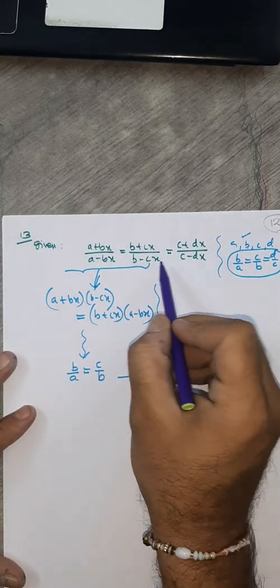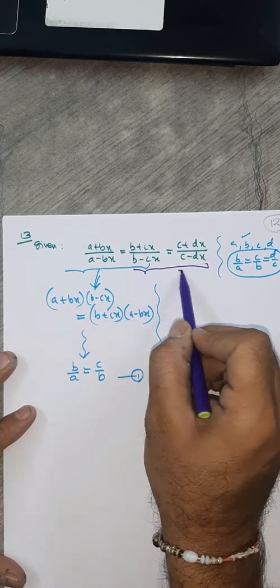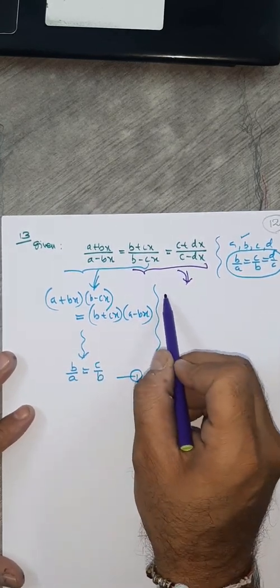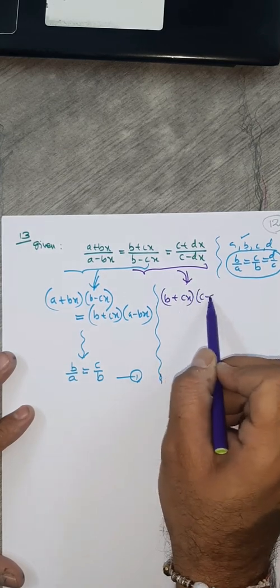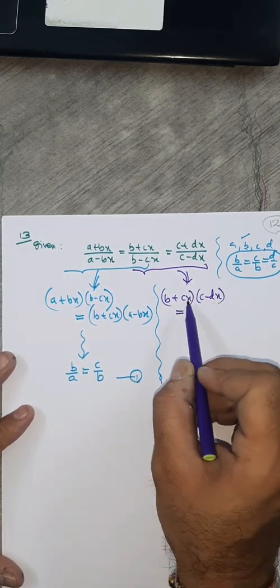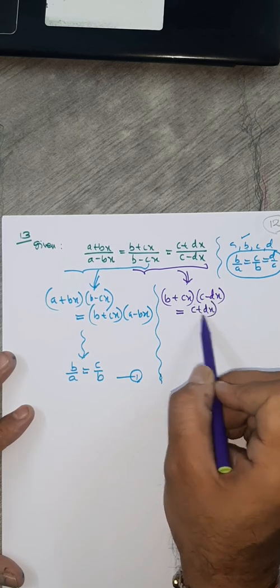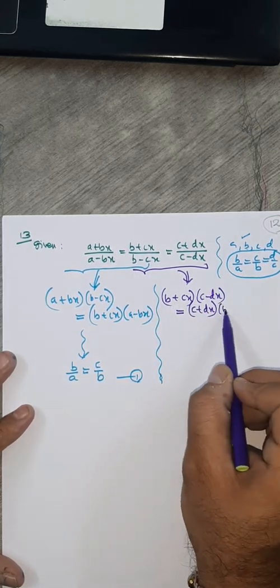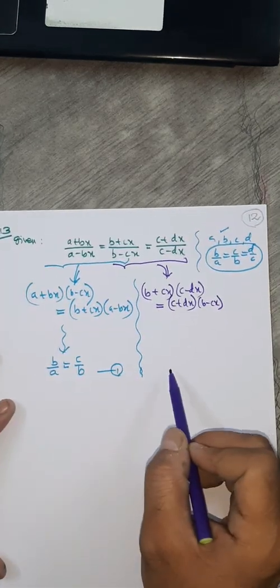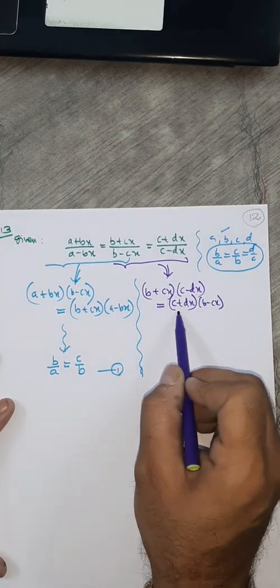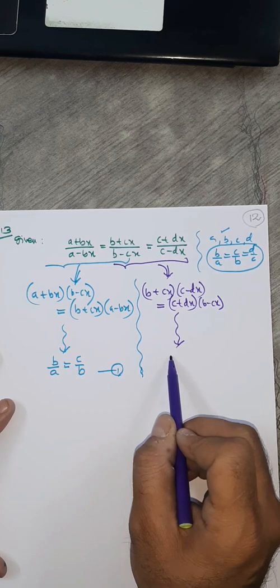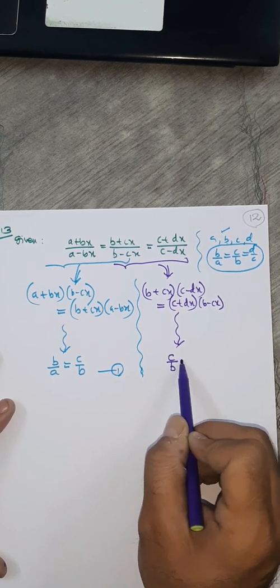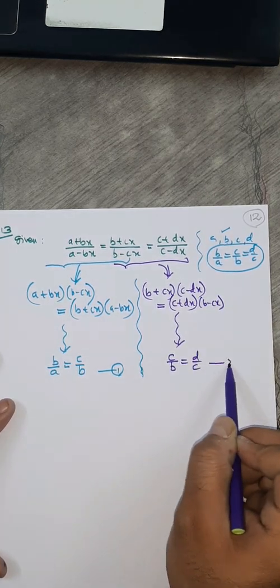There again you start with these two ratios. Do the cross multiplication. (b plus cx) into (c minus dx) equals (c plus dx) into (b minus cx). If you again open the bracket and simplify, at the end we'll get c by b equals d by c.